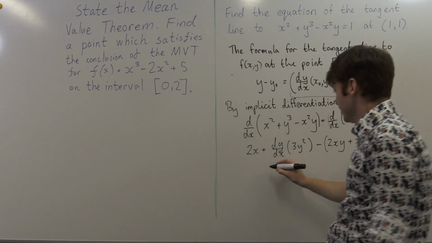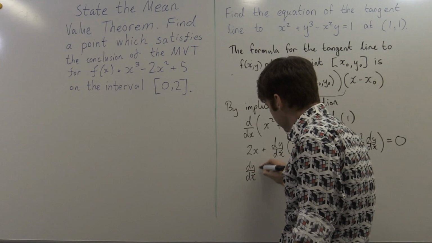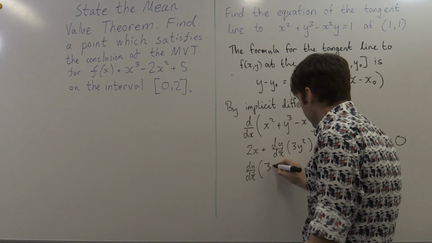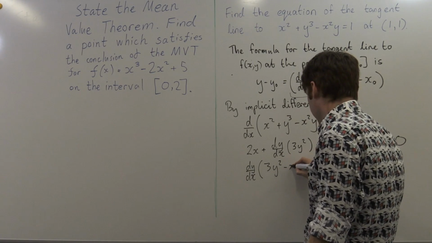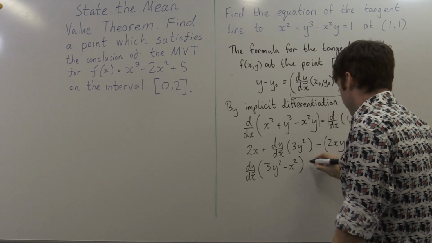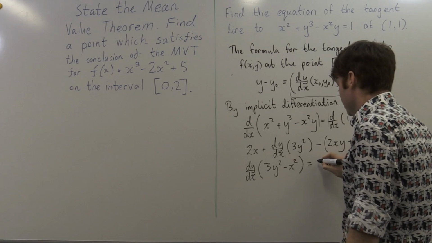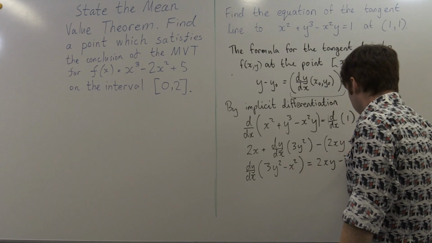Now I collect my dy/dx terms, so this is dy/dx times 3y squared minus x squared, and my other terms, which I might collect over the other side here, is equal to 2xy minus 2x.